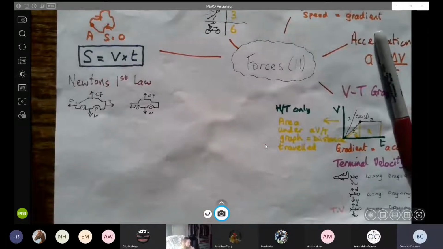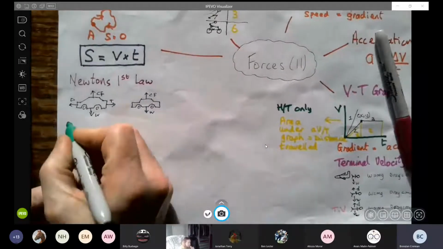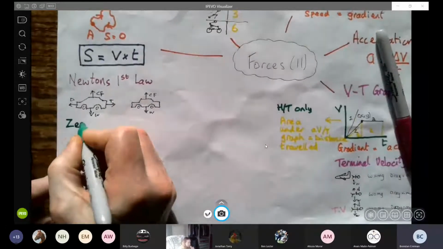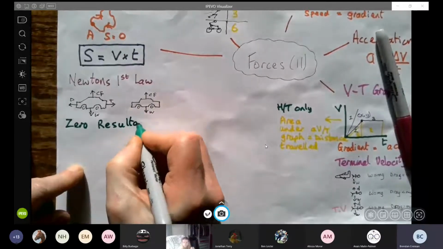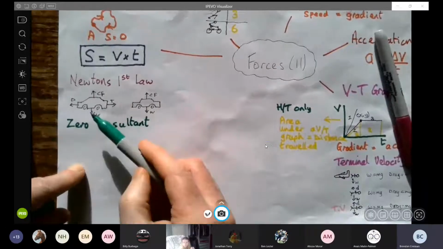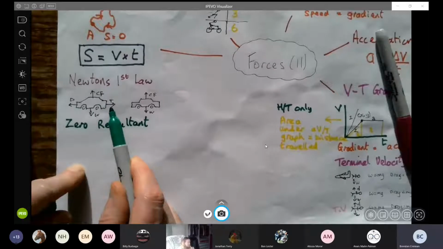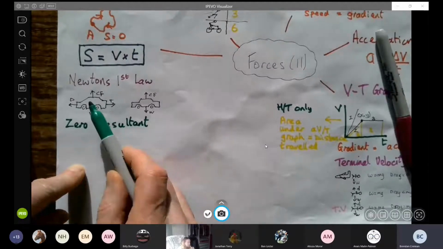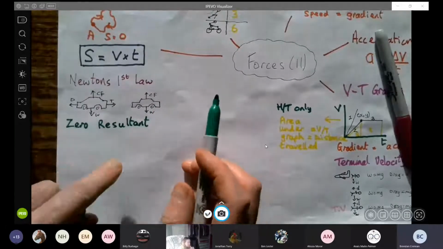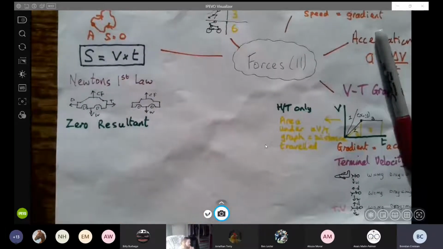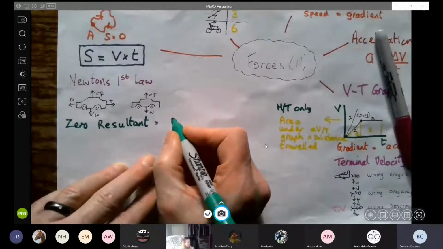So if we've got a zero resultant force, which we have in both those situations, because the weight is cancelled by the contact force, and the drag is cancelled by the thrust force when it's moving, and when it's not moving the contact force is cancelled by the weight. In those situations, the object is either stationary or moving at constant velocity.